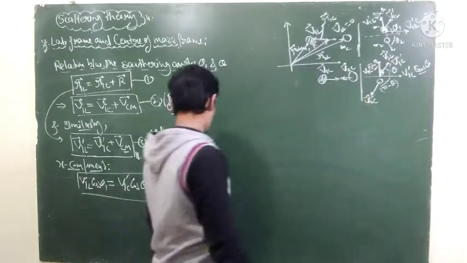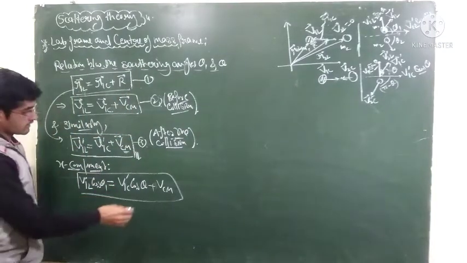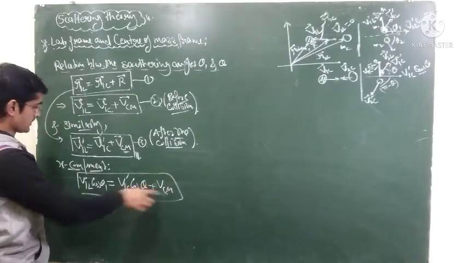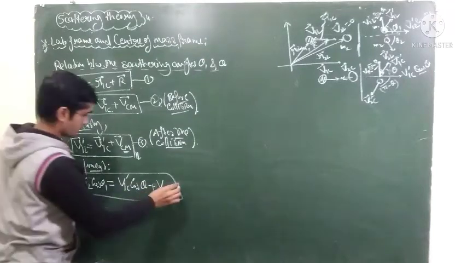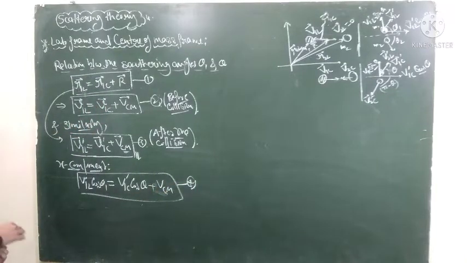In both situations the velocity of the center of mass is just along the x-axis, so the whole velocity is just the x component. So it is a very important equation. Let us suppose that equation to be 4.